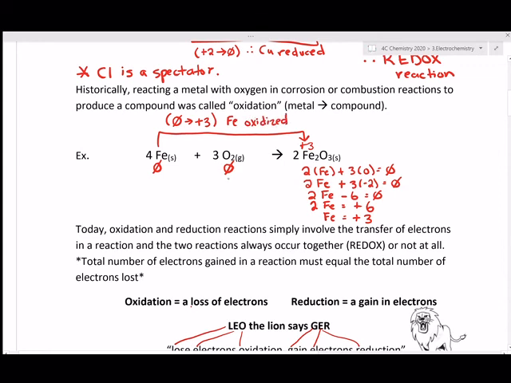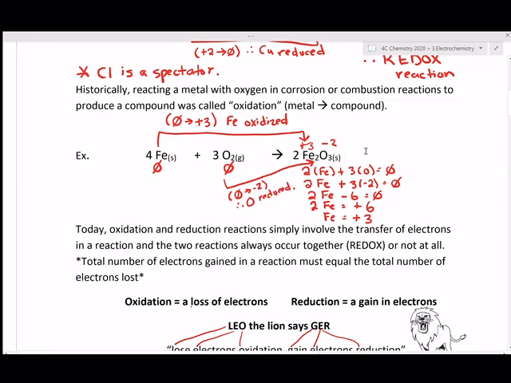Okay, and then oxygen, oh, I should have labeled that. It's -2, always -2. So it went from 0 to -2. Therefore, oxygen was reduced.